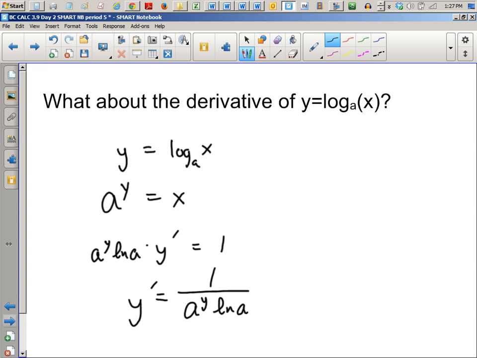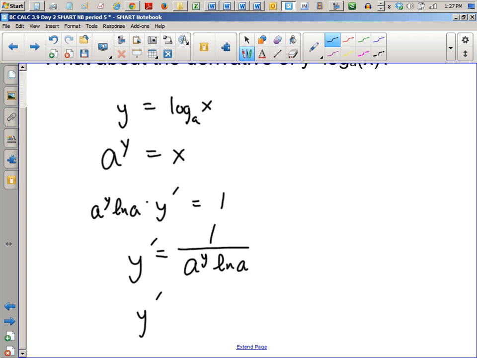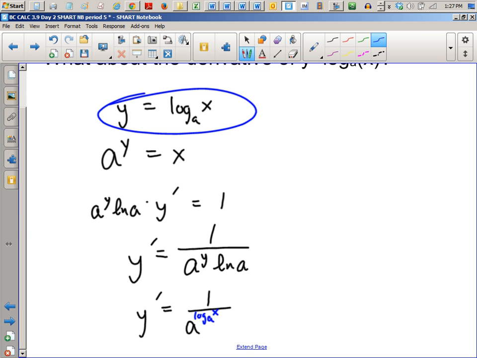But y was log base a of x. Remember up above here in blue. So this is going to be 1 over a to the log base a of x times ln a. And then this part just cancels out. And you get 1 over x ln a.